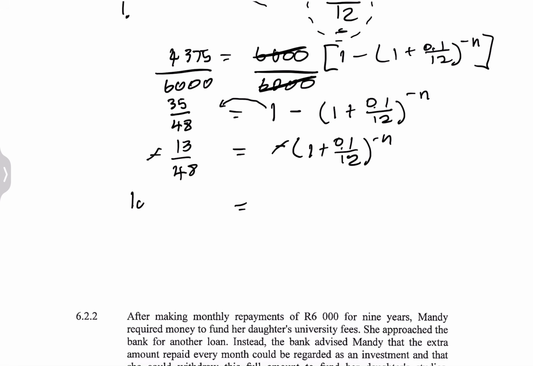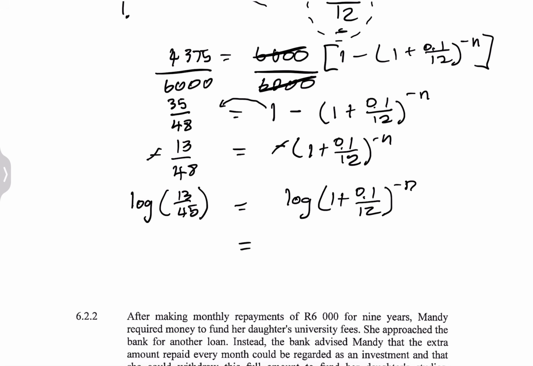So I'm going to take the log of 13 over 48, which is equal to the log of 1 plus 0.1 over 12, to the power minus n. Now remember, the law of logs: if I've got a power there, it can simply jump down.